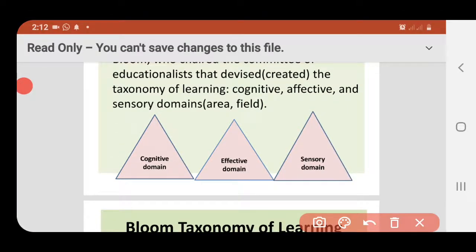So there are levels in which they divided: cognitive, which is related to mental ability or the mental area. The second one is affective domain, which is related to emotions. And the sensory domain is related to action or our senses.